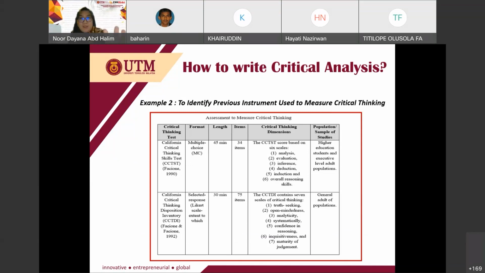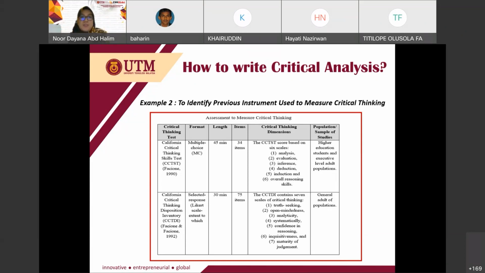There's a lot. So I asked Dr. Nadwa, what do you want to use in your research? What Dr. Nadwa needs to do is read all the articles and then find out which is the most suitable instrument to measure critical thinking for her study.